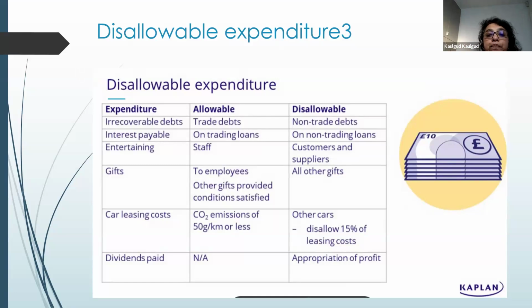Non-trade debts could be like giving a loan to somebody, and those sorts of things are not allowed. Interest payable on trading loans is allowable; on non-trading loans it is not allowed. Trading loans are loans taken during the course of the business, like a bank loan, and the interest you pay on that is allowed.